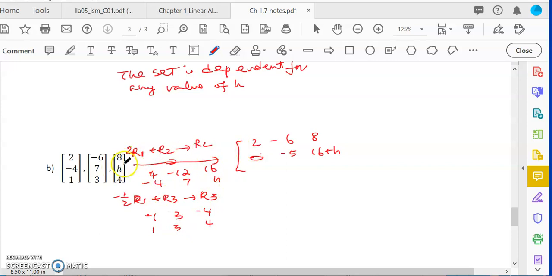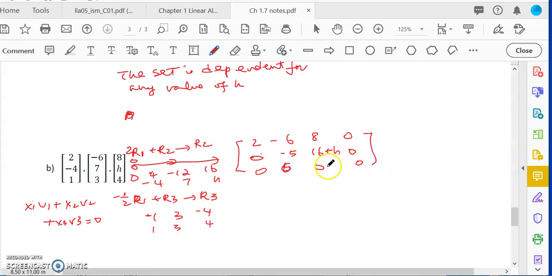I should have a 0, 0, 0 column also, because I'm trying to solve x1 v1 plus x2 v2 plus x3 v3 equal to 0. So I would have 0, 0. Is it 6? Oh, 6. I thought it was 3. Okay, 0 and a 0.